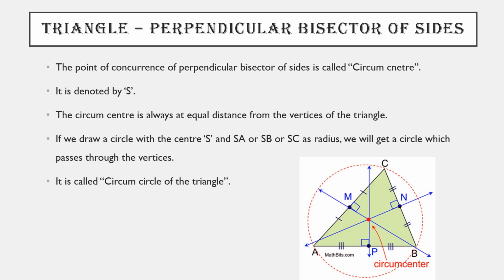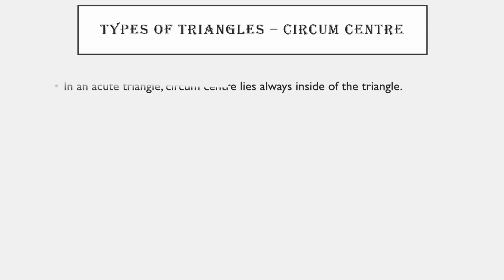And another important point here is if you take different types of triangles. For example, if you take an acute angle triangle, then the circumcenter always lies inside of the triangle.